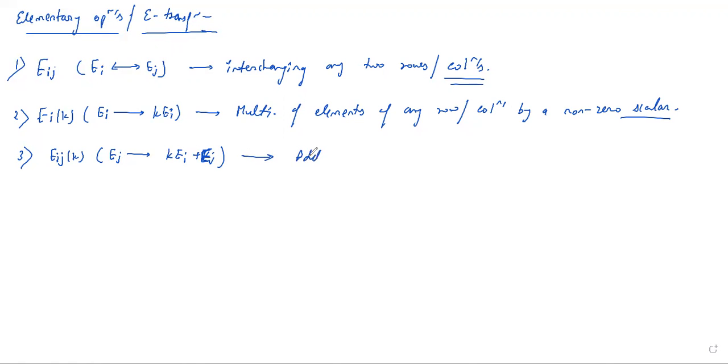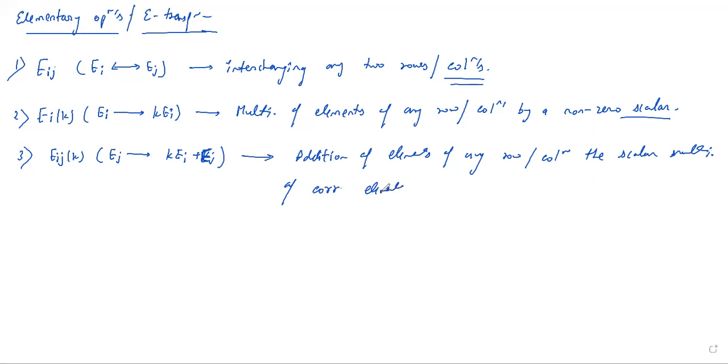This is addition of elements of any row or column, the scalar multiple of corresponding elements of any other row or column.